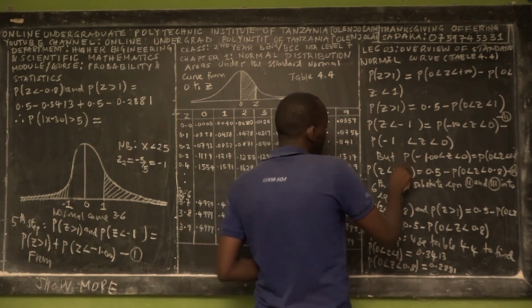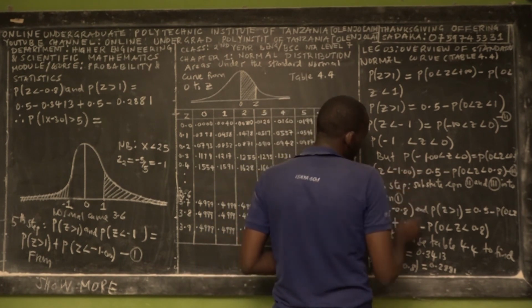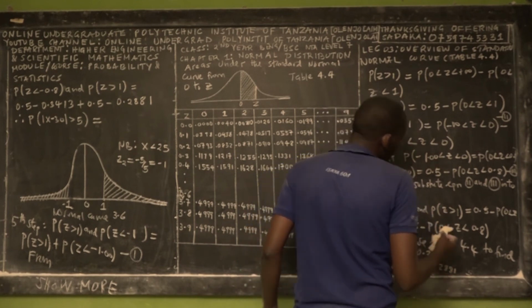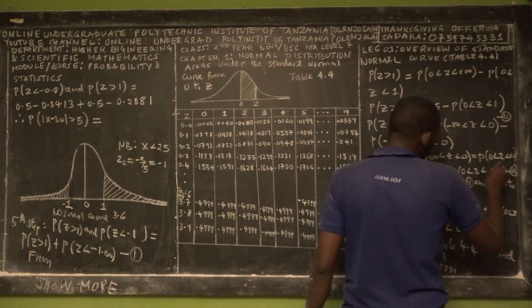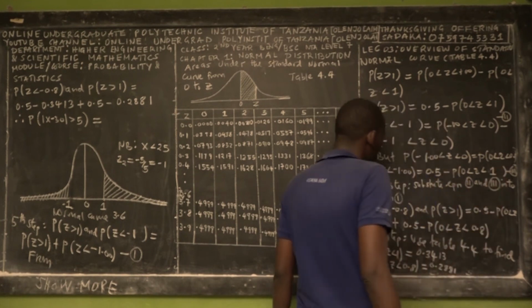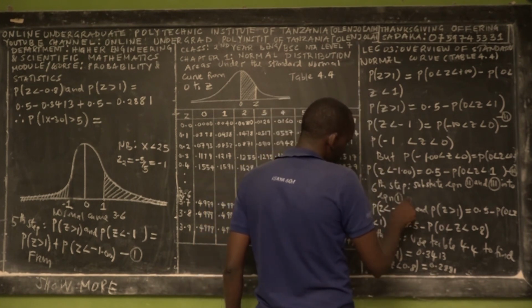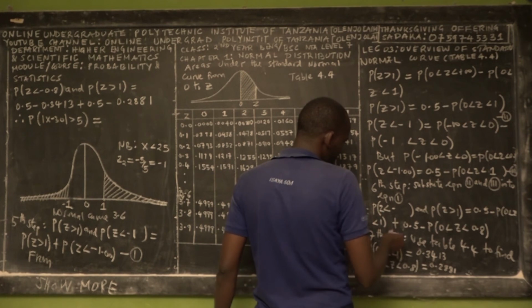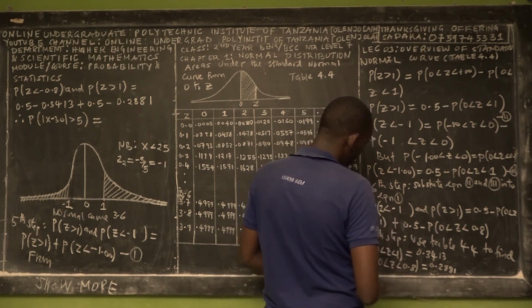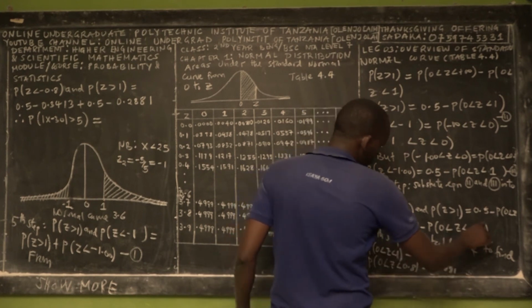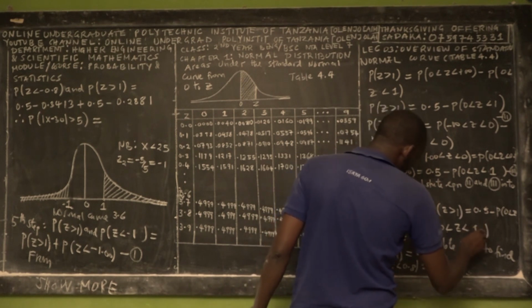This is negative 1.00. So this is positive 1. So this is -1. So this is negative, so this is +1.